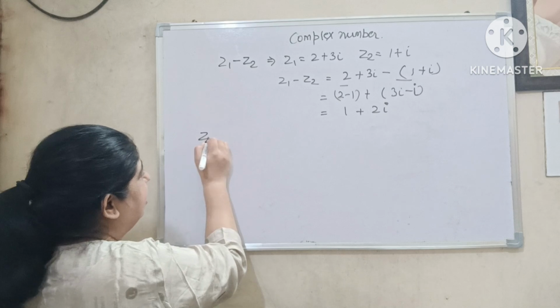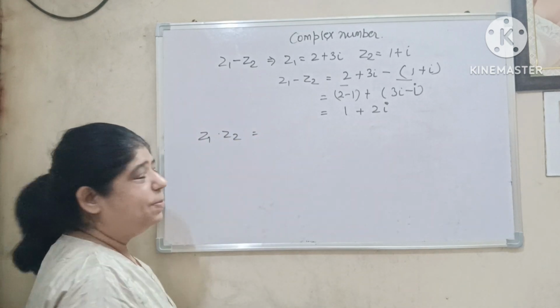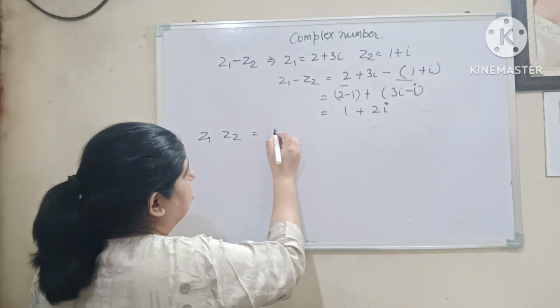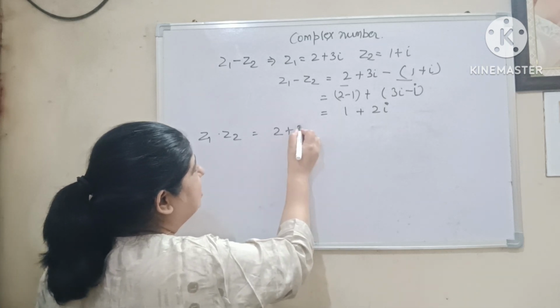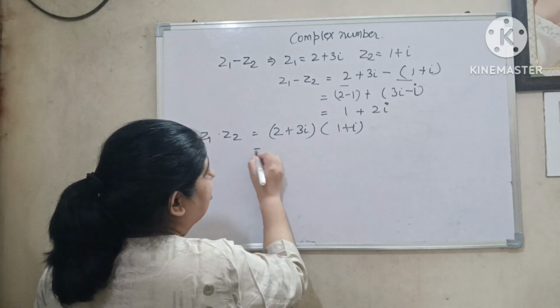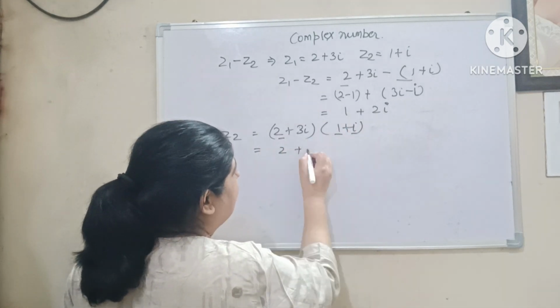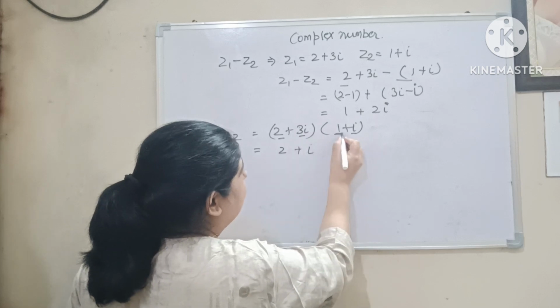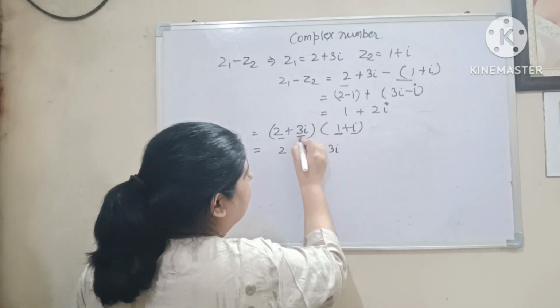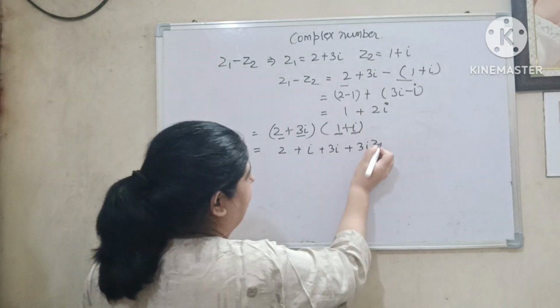Now comes Z1 dot Z2, multiplication of complex number. What will be the answer? 2 plus 3i multiplied by 1 plus i. 2 into 1, 2, plus 2 into i, 2i, 3i into 1, 3i, 3i into i, plus 3i square.